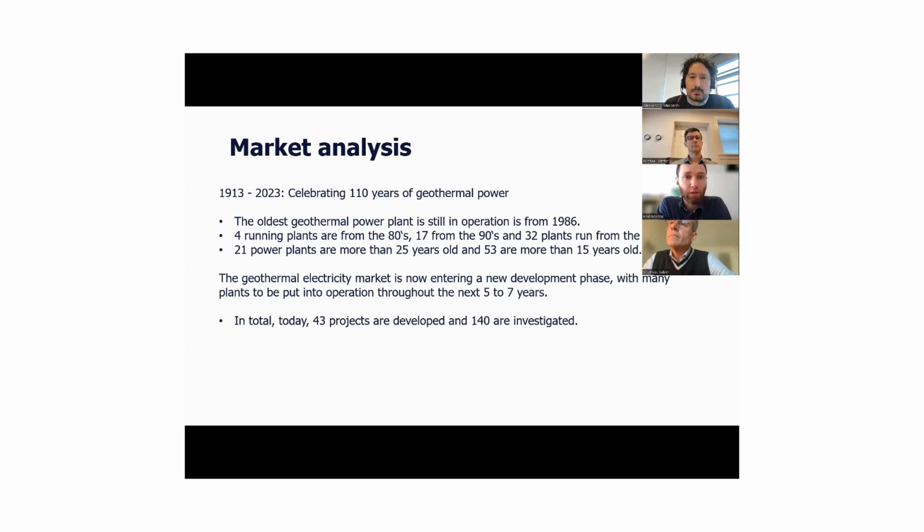And in general, about the geothermal electricity market, we have to say that it is now entering a new development phase. There's still a lot to do, but some new plants are to be put in operation in the next few years. And today, 43 projects are being developed and 140 are being investigated.